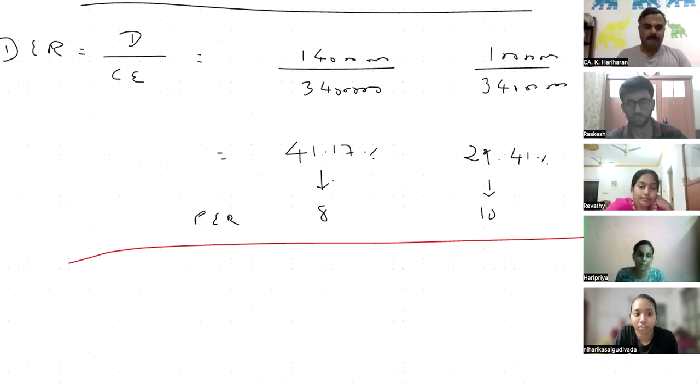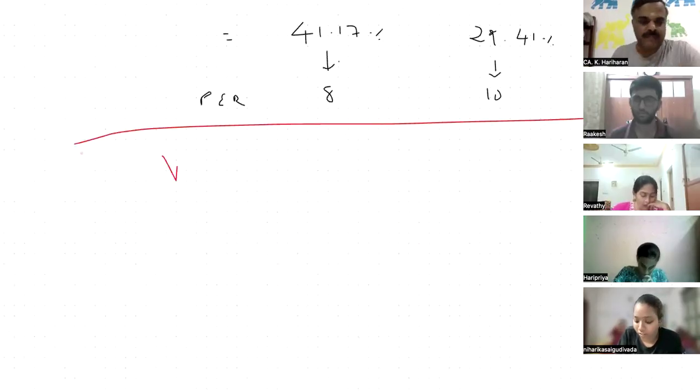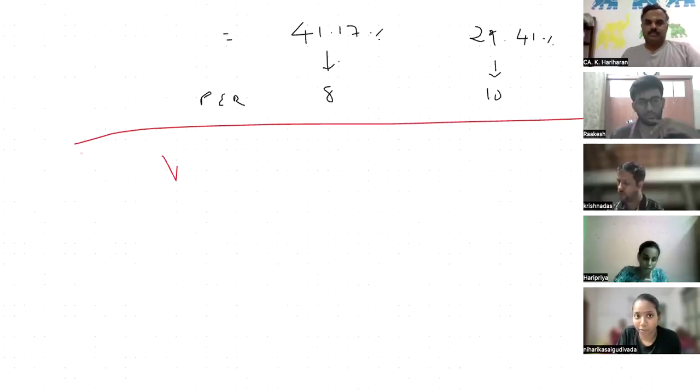Question number 9. Value of the firm is equal to, what is the formula? EBIT divided by overall cost, KO.